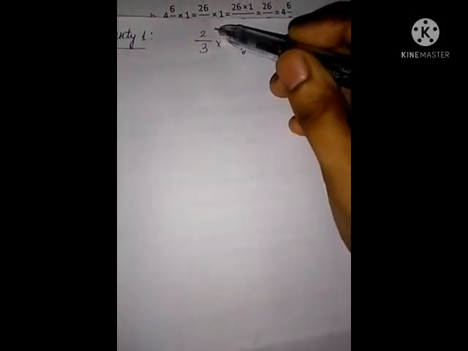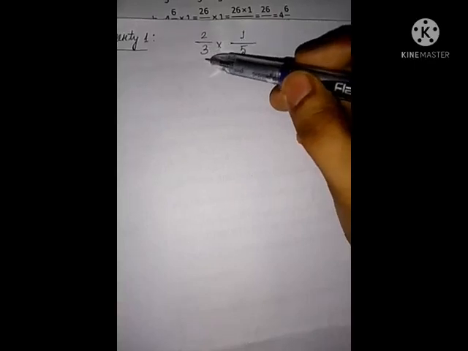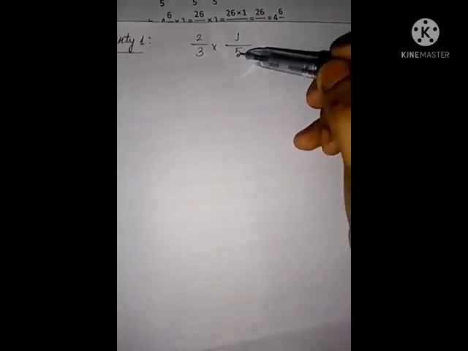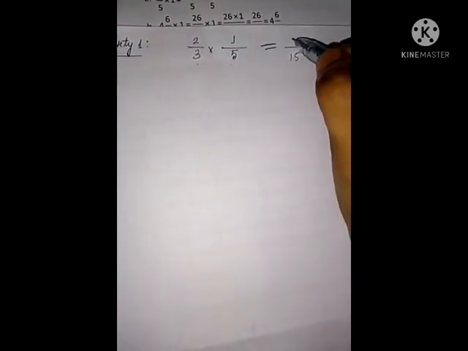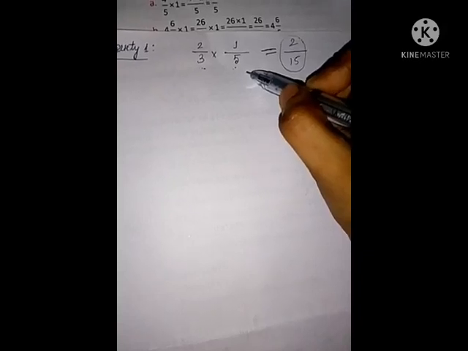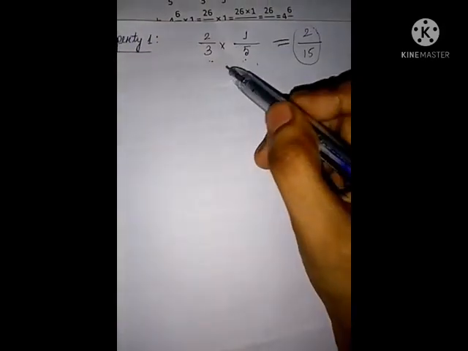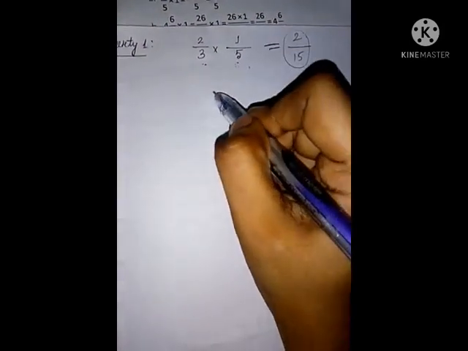We are multiplying these two fractional numbers, 2 by 3 into 1 by 5. See, the product is 3 into 5, 3 5s are 15, 2 into 1, 2 1s are 2. So this is the product of these two fractional numbers. So if we change the places of these two fractions, see what happened.